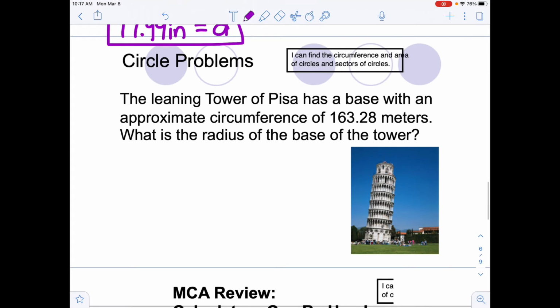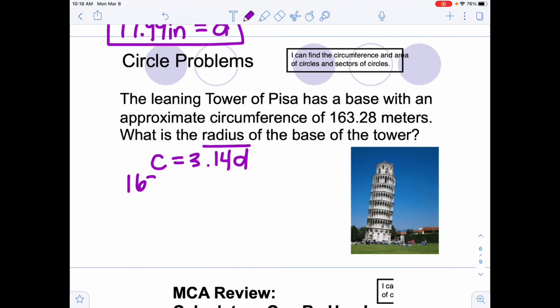This one says the Leaning Tower of Pisa has a base with an approximate circumference of 163.28 meters. What is the radius of the base? So I'm given circumference. I'm going to use my formula. C equals 3.14D. And then when I get my answer for the diameter, I'm going to have to split that in half because the radius is half of the diameter.